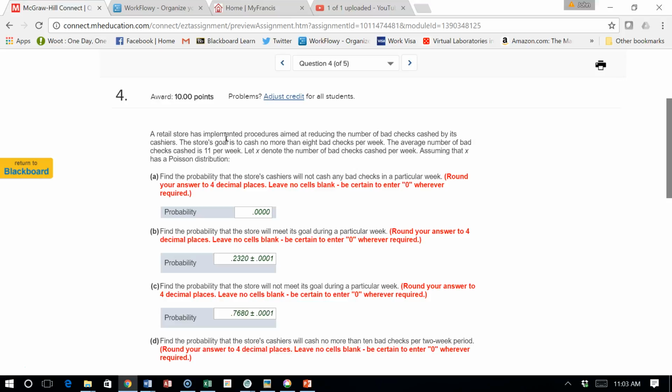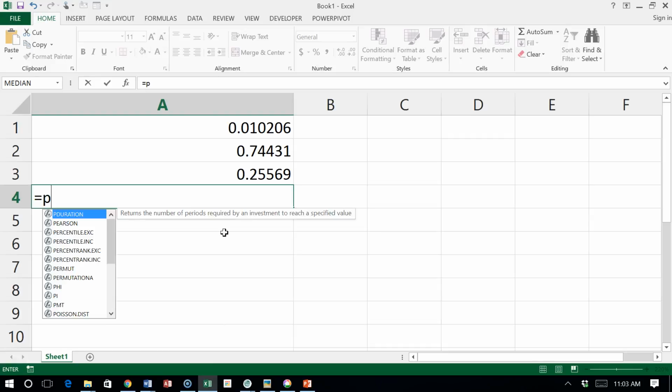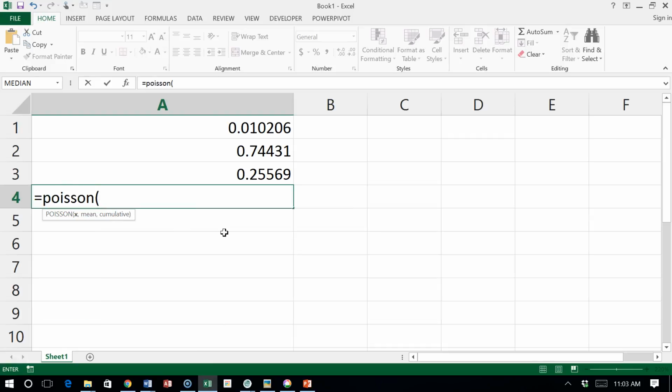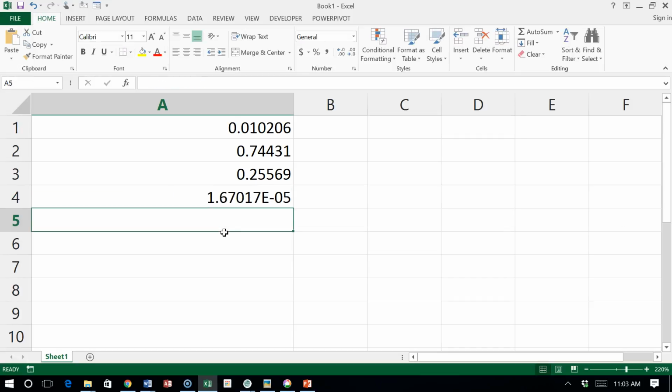So this first one is, if the average is 11, what's the odds that we get 0 bad checks? So instead of binom dist, we're going to use Poisson dist. X, the number of successes, is 0. When the mean is 11, I'm going to say false. And what that really is giving us, that scientific notation, let's do general.